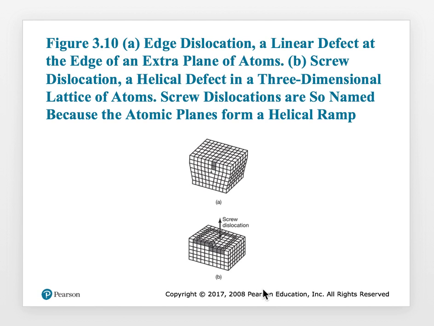So when you are deforming a block of atoms or a block of metal or block of an alloy, you are moving whole sets of atoms which can have some edge dislocation features and some screw dislocation features.